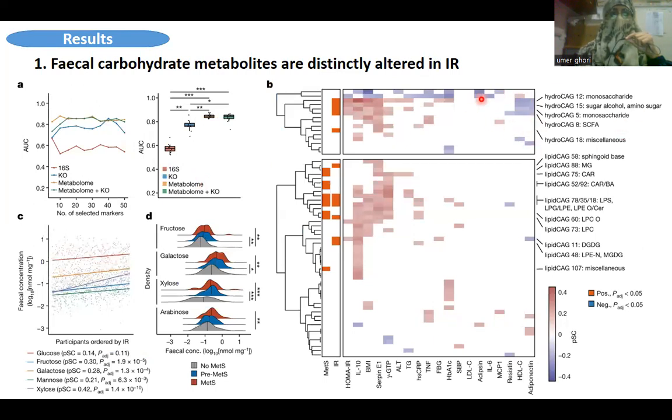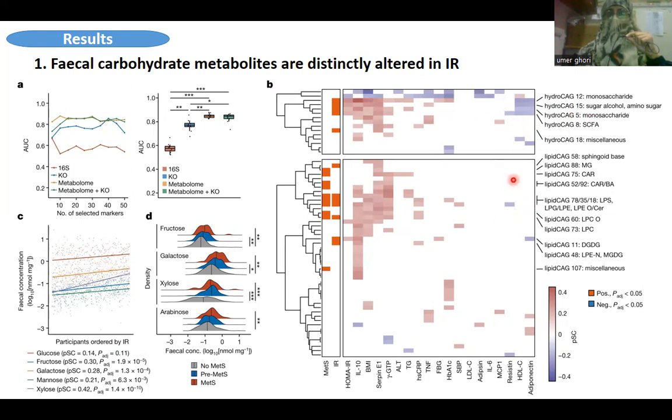Among the hydrophilic metabolites, most of the coabundance groups showing significant association with insulin resistance were those of carbohydrate metabolites, mainly monosaccharides, such as hydrophilic coabundance groups 5, 12, and 15. Among these, major monosaccharides such as fructose, lactose, mannose, and xylose significantly correlated with insulin resistance.